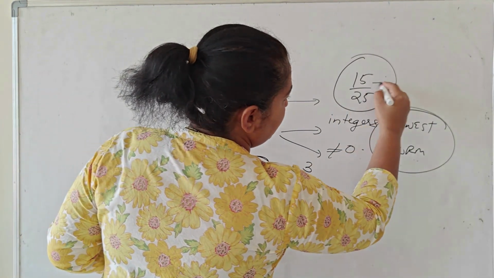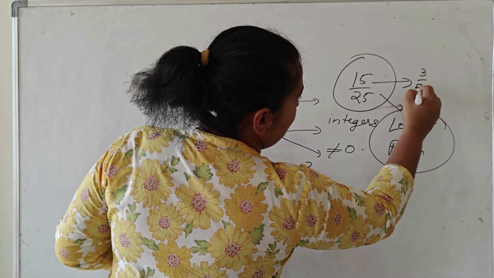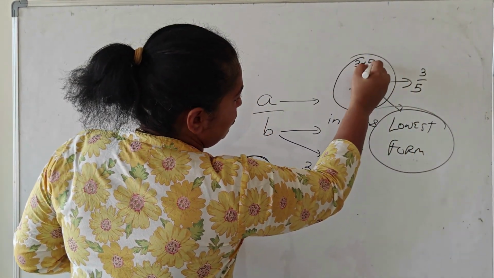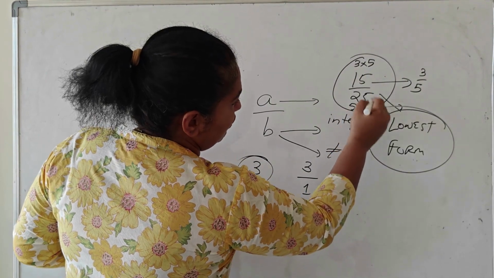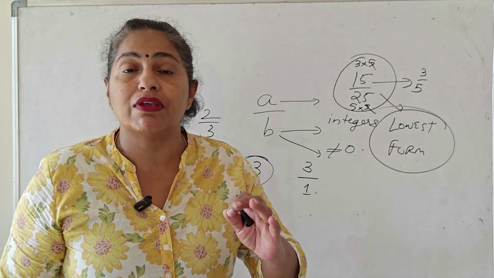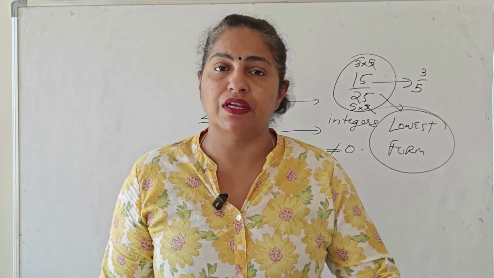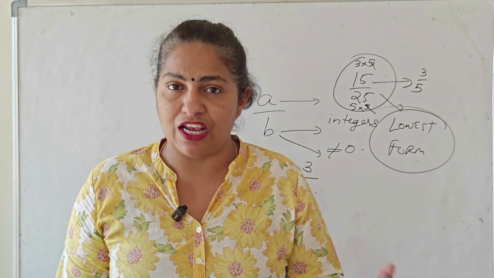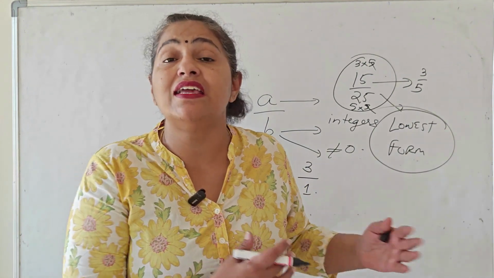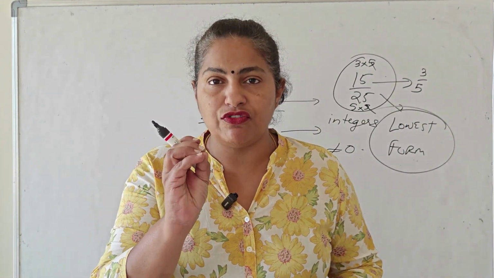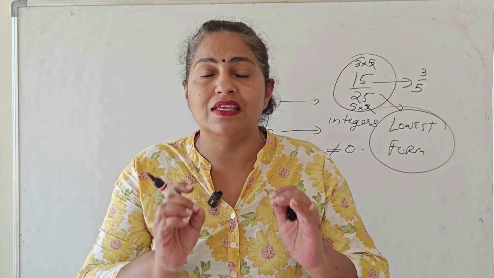I can write 15 by 25 as 3 by 5, because this is 3 into 5, this is 5 into 5, 5 and 5 get cancelled, giving me 3 by 5. This is one important concept that you need to remember whenever you are representing a rational number or any number and saying it's a rational number. You have to ensure that the number is in the lowest form.